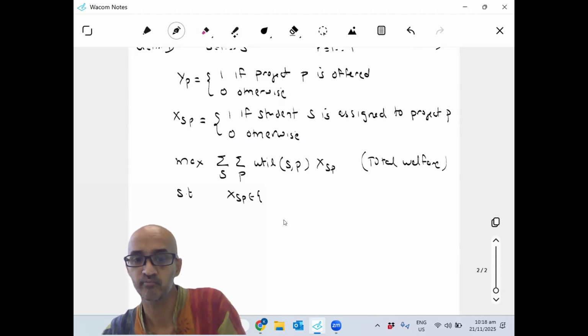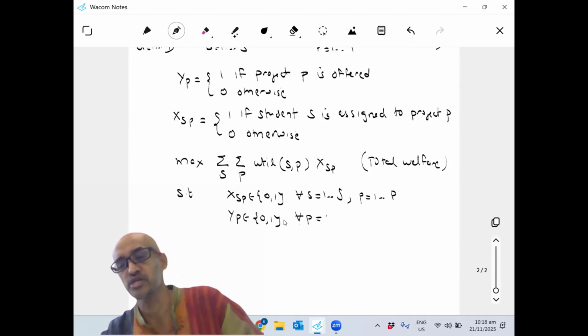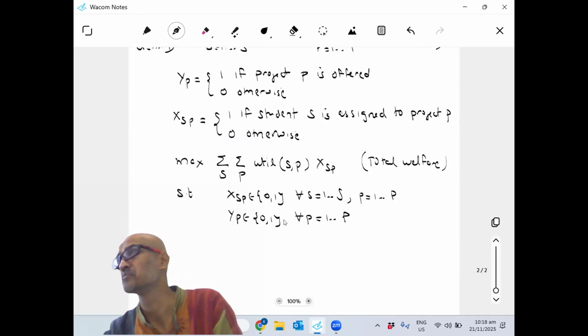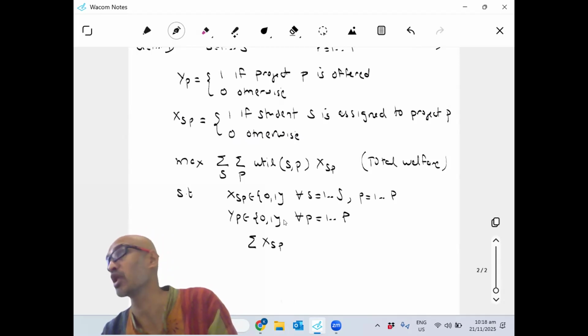XSP is binary for every S from 1 up to capital S, P from 1 up to capital P. YP is binary for every project. Okay. Every student has to be allotted to a project, which will be captured by this constraint, right?